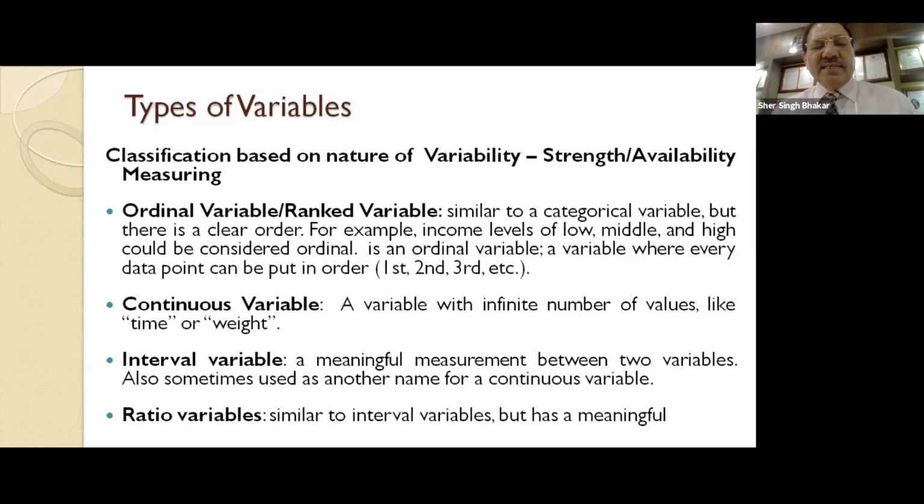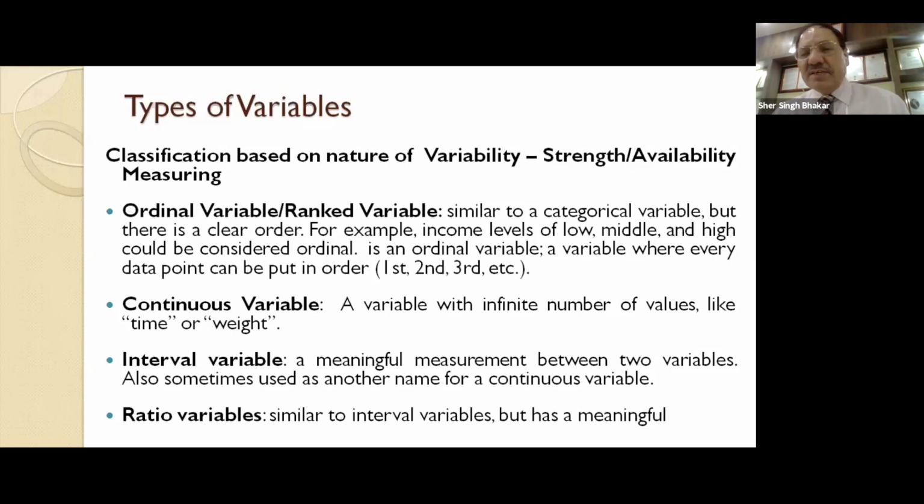And continuous, as I said, can be divided in two parts, interval and ratio variable. The basic confusion that arises here is whether a variable is a continuous interval variable or an ordinal variable. That means when you are using a scale, whether that scale is an ordinal scale or an interval scale.